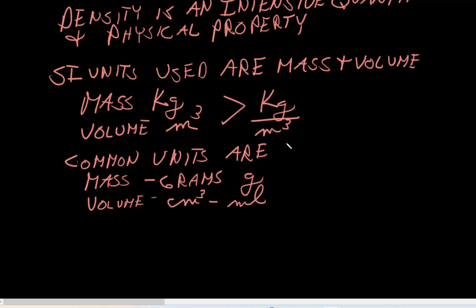Those are the two that are most commonly used. When you have a solid, typically you're going to see cubic centimeters if it is a regularly shaped object. If not, you might see it done in milliliters. And we'll take a look at that in just a second.